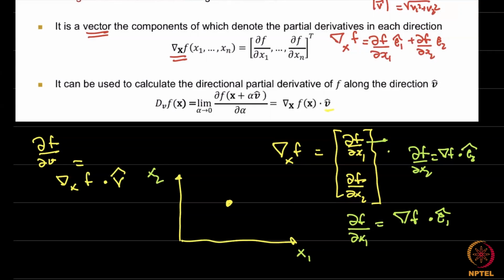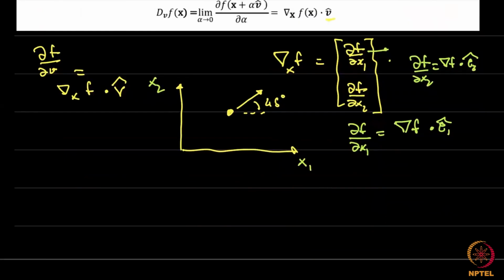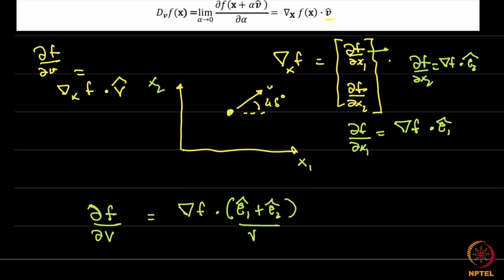But suppose I want the partial derivative of this function along this line, and let's say this is the 45-degree line. Then all I need to do is say del f del v, where v is the 45-degree direction, is gradient of f dotted with the unit vector at 45 degrees, which is e1 plus e2 divided by square root 2.